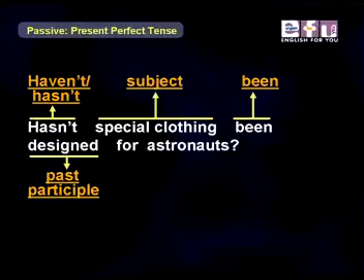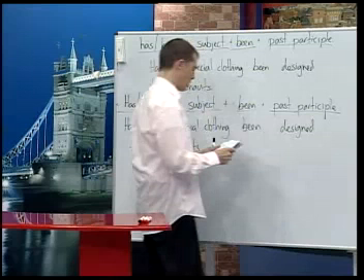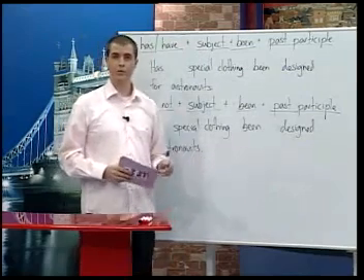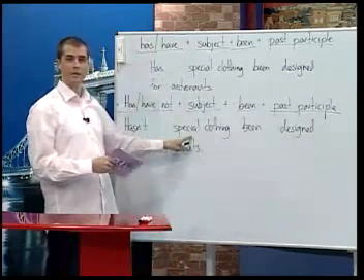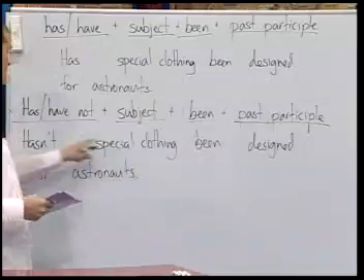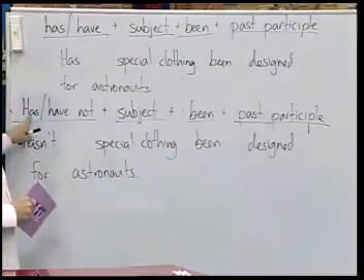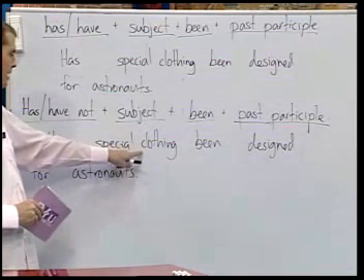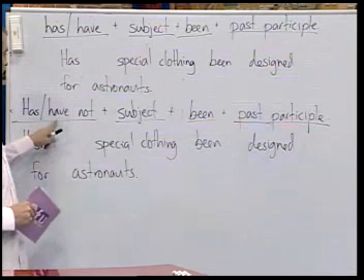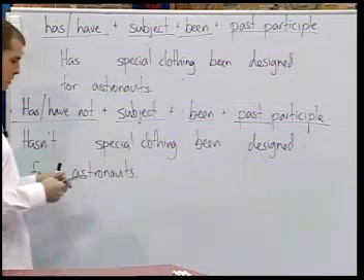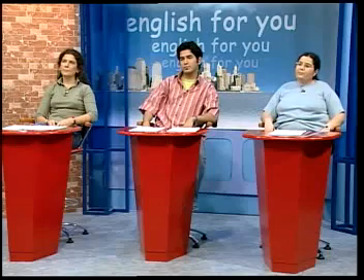Hasn't special clothing been designed for astronauts? Now, again, as usual, the passive voice subject tells us if we use the singular or the plural negative. Has for the singular, special clothing is one uncountable noun, so hasn't, or if it was plural, have not.